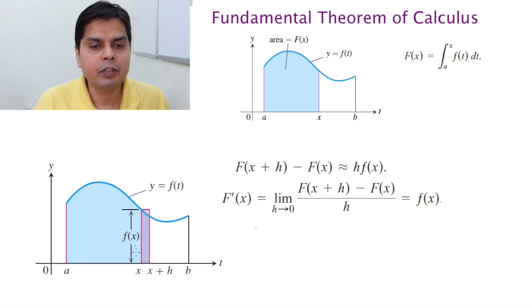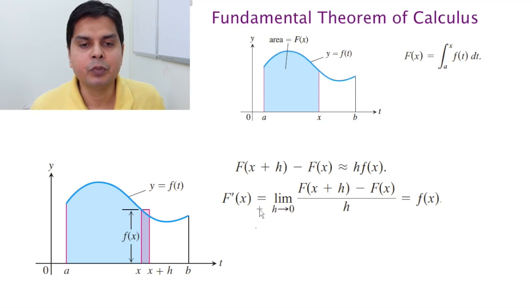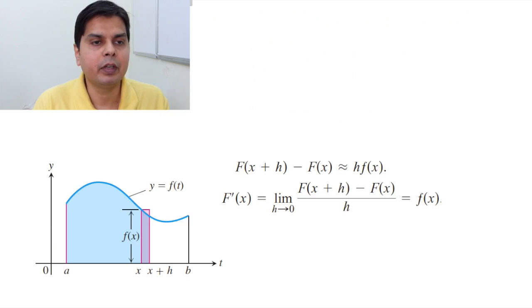The area of this small interval can be approximated as the area of the rectangle. The area of the rectangle will be this height f(x) times this width h. When I divide this area by h, I get f(x). Okay, so this is the proof of the fundamental theorem of calculus.